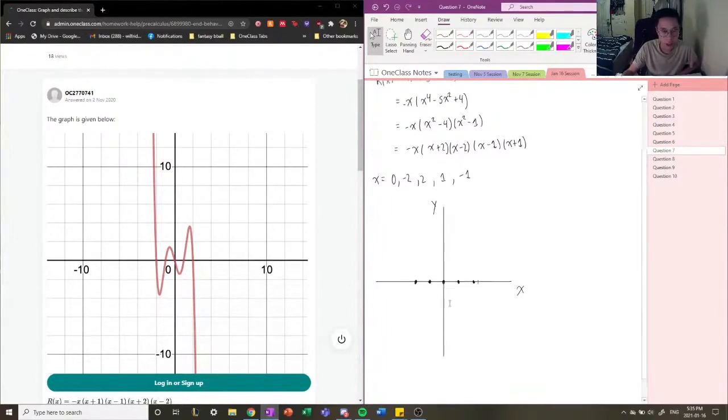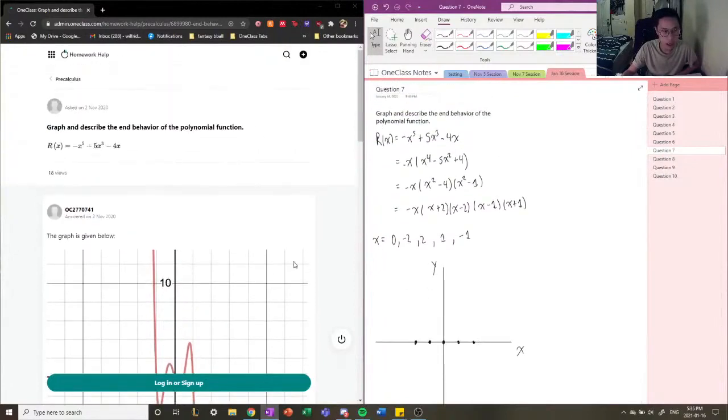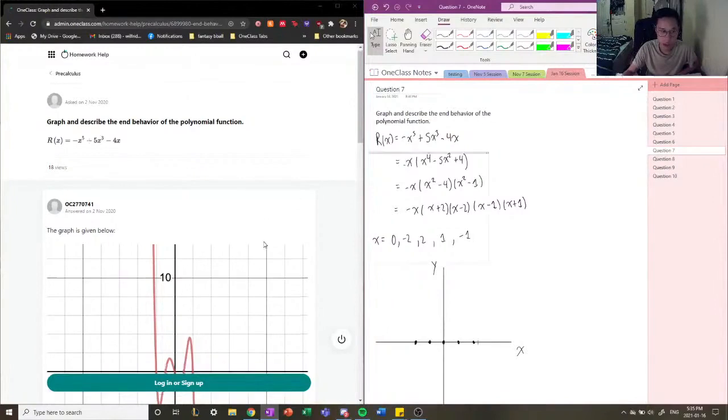Okay, to do that, all you really need to do is plug a huge number into your original function. In this case, I'm just going to plug in the concept of infinity into our function to see whether it is approaching infinity or negative infinity.